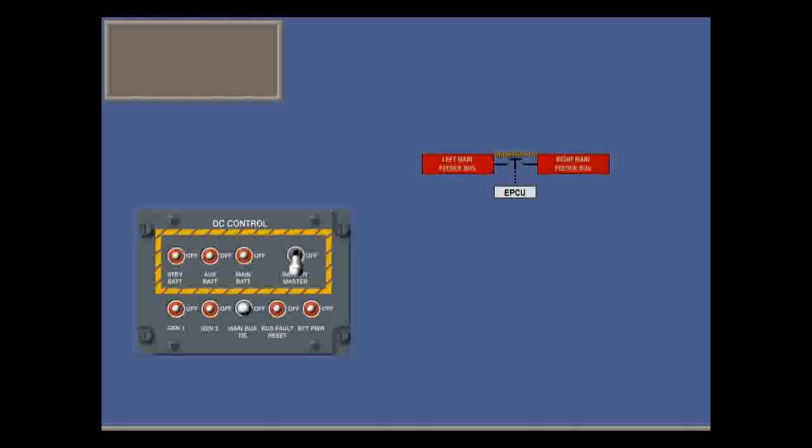The switch is a manual backup to the EPCU. Holding the bus fault reset switch momentarily in the reset position will re-initialize the EPCU after a bus fault to re-enable bus fault monitoring. The AC control panel just has the external power and AC generator switches.